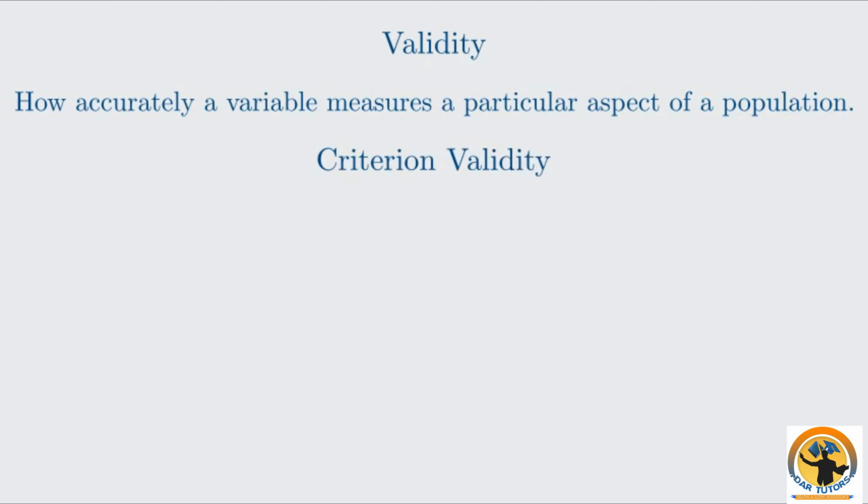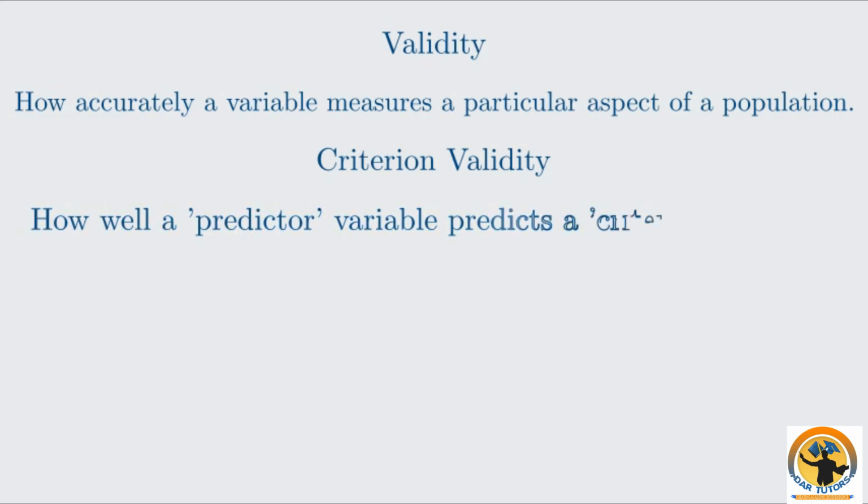Criterion validity assesses how well one variable called the predictor can predict another, called the criterion. The criterion variable is an established, valid measure of the outcome we care about. For example, we might want to know if a university entrance exam is a valid predictor of a student's academic success.